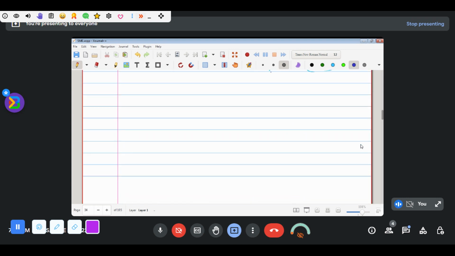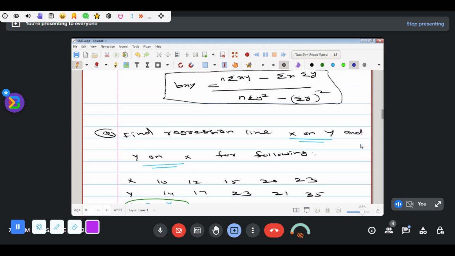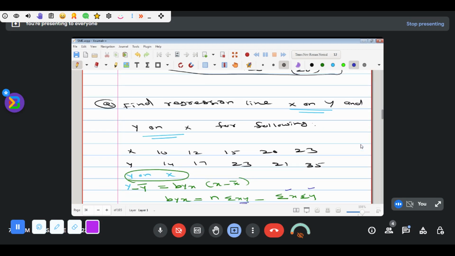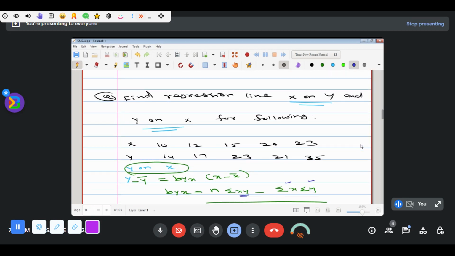So what are the table values here? The x values are 10, 12, 15, 20, 23, and the y values are 14, 17, 23, 21, 35.